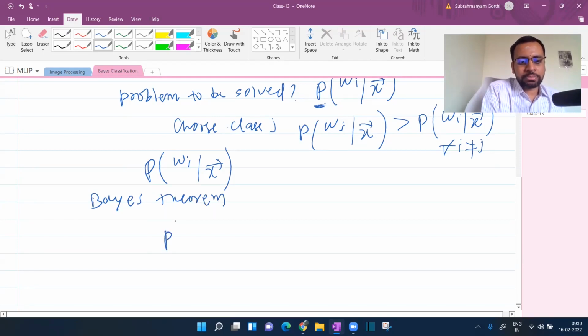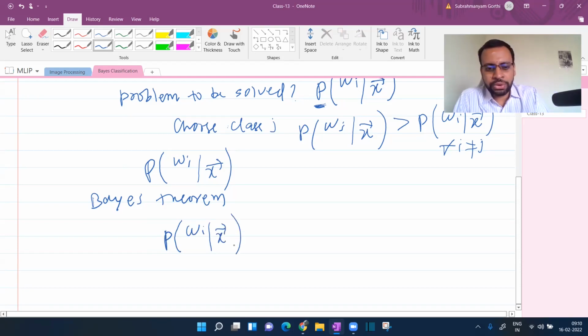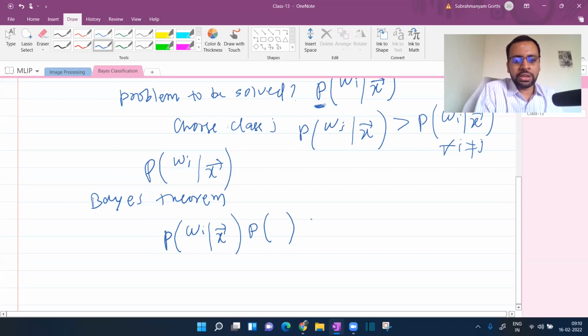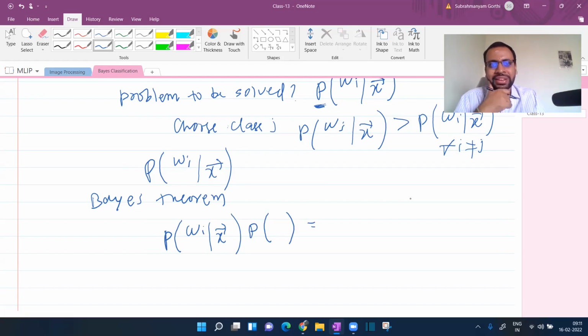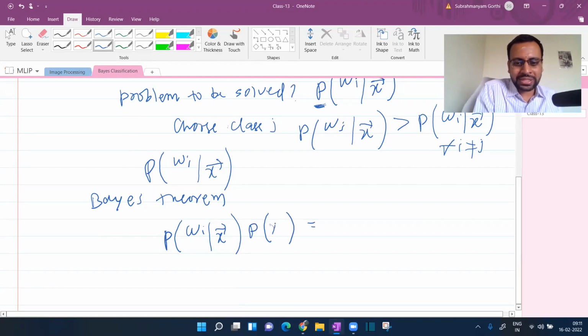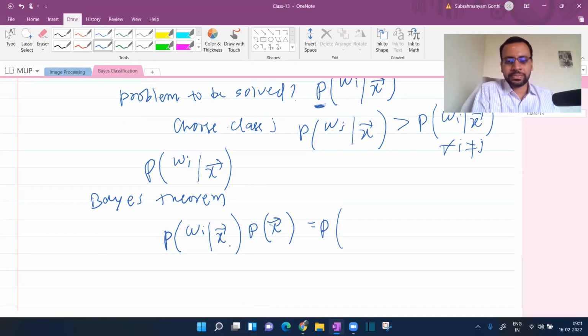Suppose I'll write the first term here, probability of omega I given x bar. Can any of you help me with writing this now? That is the first term I want to write, multiplied with the probability of something is equal to something else. What does the Bayes theorem tell us? Probability of x bar, very good. Probability of omega I intersection x bar.